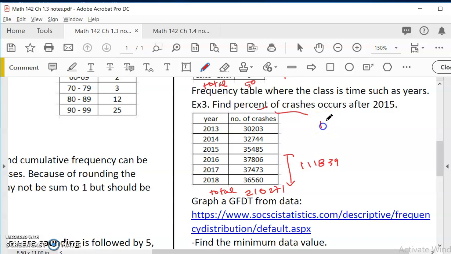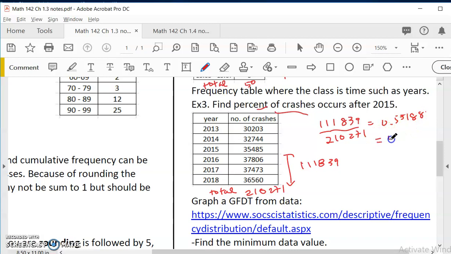To do that, I would do 111839 over the total, 210271, and change it into a percentage. So in my calculator, I'll just copy that number, divided by the total number, and that is equal to 0.53188, and so on.